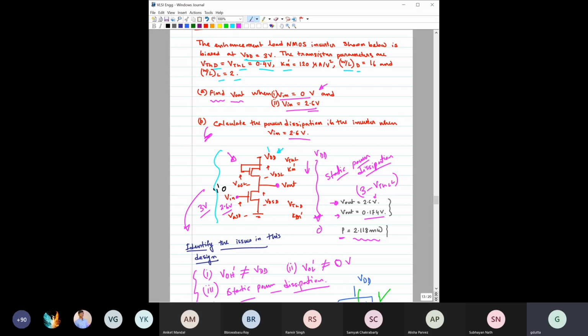So if the temperature of the IC is rising, then what is the current that you are expecting? Suppose at room temperature you have calculated a current of 1 milliamp. Maybe at the elevated temperature that may reduce to 0.2 milliamps. So it can significantly reduce, and your entire circuit will fail then, right? So you have to keep that thing in mind also.